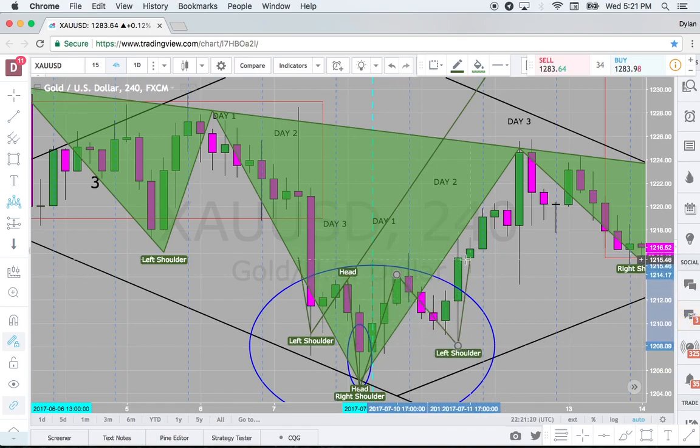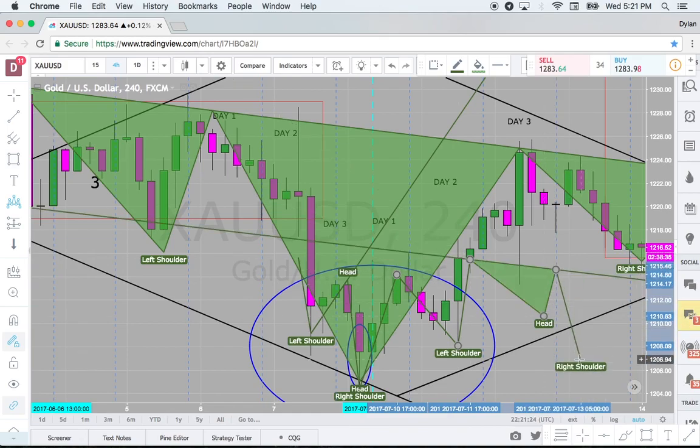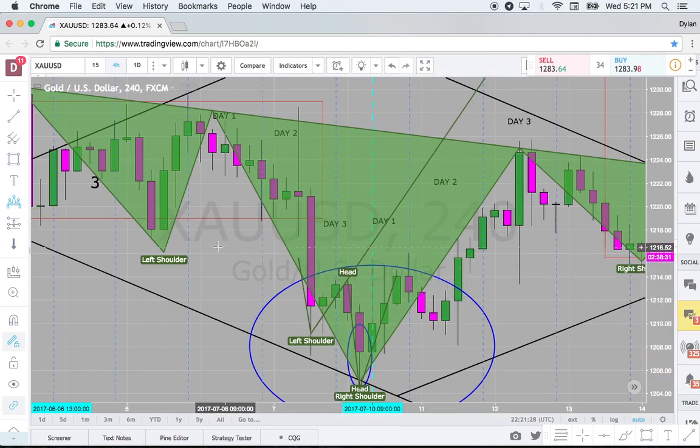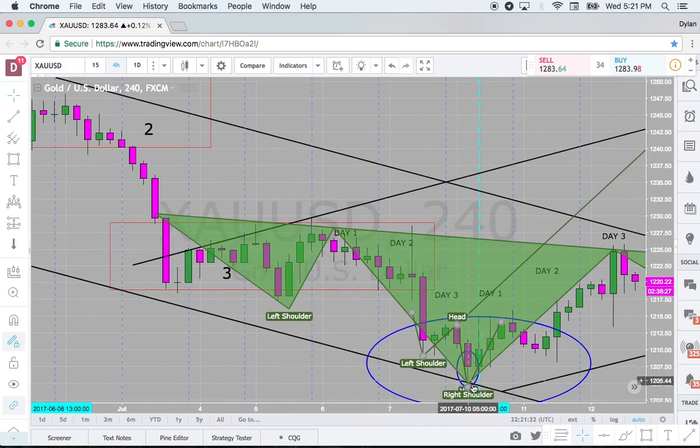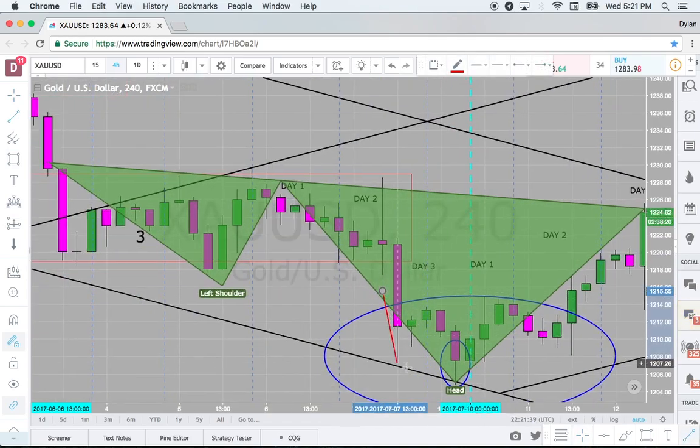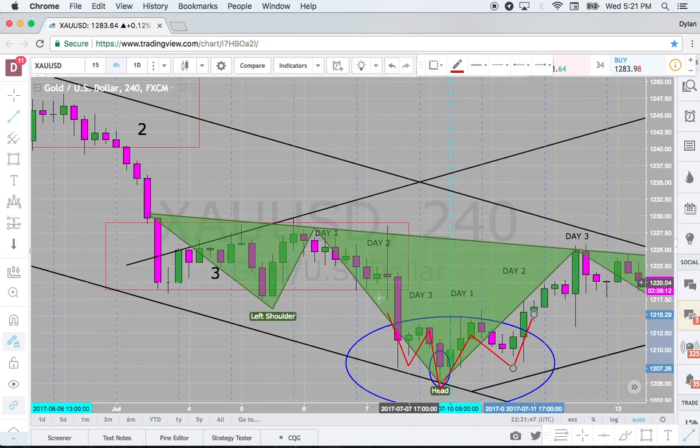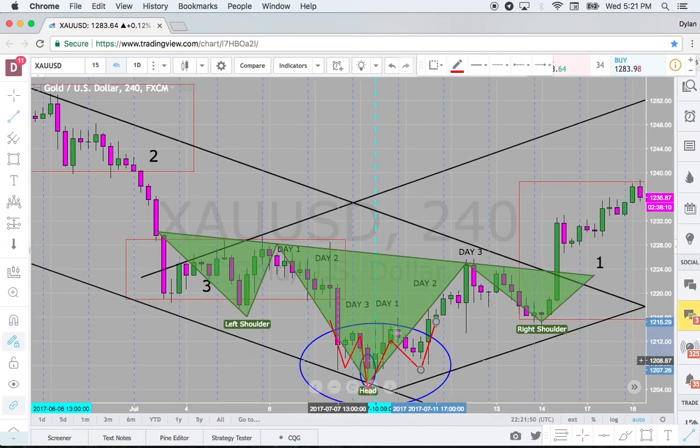And that just so happens to be inside of our peak. So here's the micro Head and Shoulder inside of the macro Head and Shoulder.